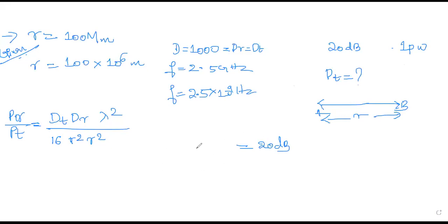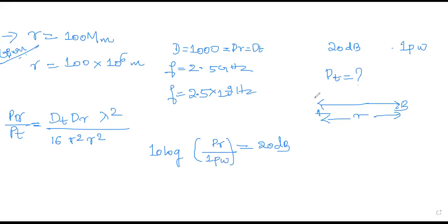You have to find PR in terms of this 20 dB because it is the receiver. PR over 1 picowatt is given as 20 dB. But since it is given in dB, you have to take it as 10 log of PR by 1 picowatt. I'll explain once again.